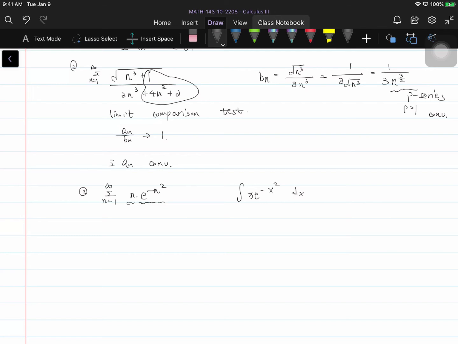So here we use the integral test, and when we do the integral, we need to do a little bit of u-substitution.